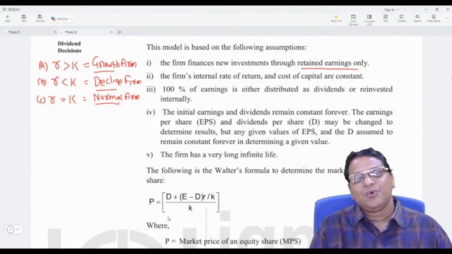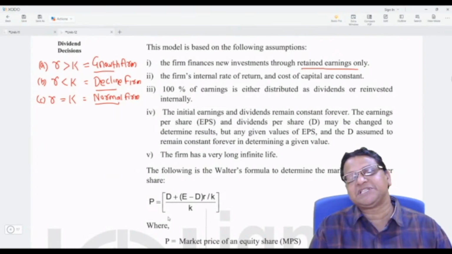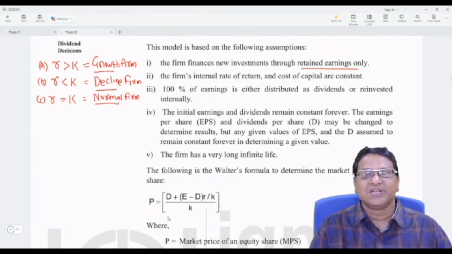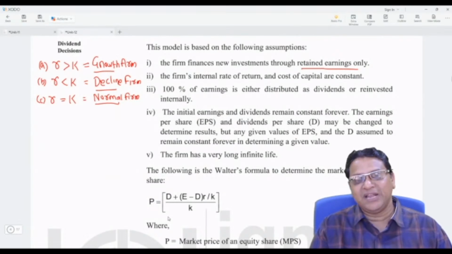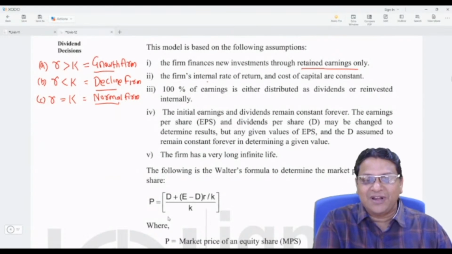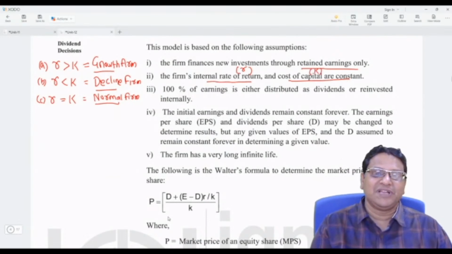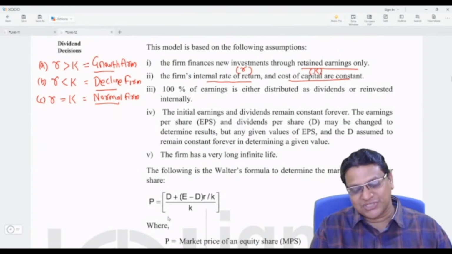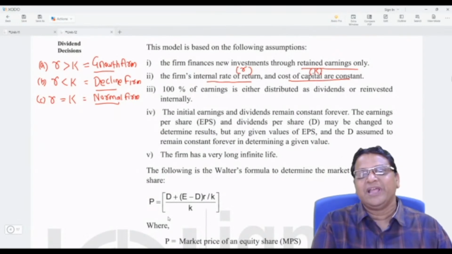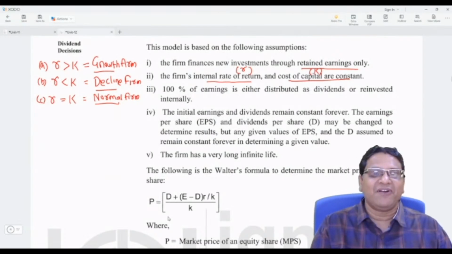The firm only finances its operation through self-generated funds or through retained earning only. The second assumption is that the firm's internal rate of return, that is R, and the firm's cost of capital, that is K, are constant. It only uses internal finance.